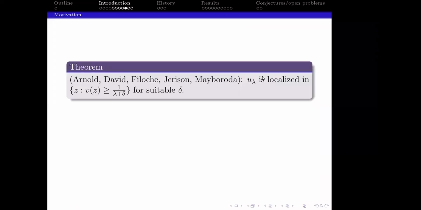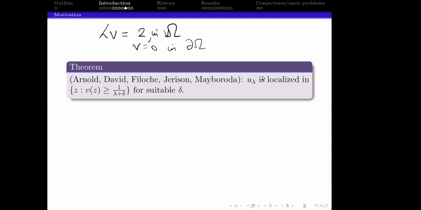Then they showed, for a low energy eigenfunction u lambda, where is it localized? It is localized essentially on the set where the landscape function u is large, where the landscape function is the solution to Lu equal to 1 in omega and u is 0 on the boundary.